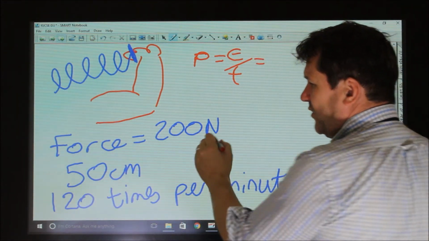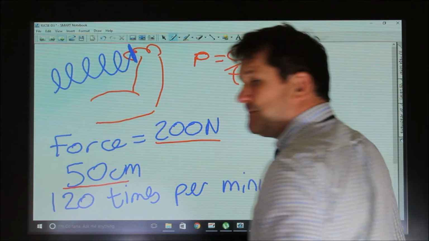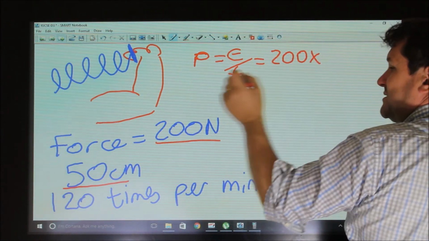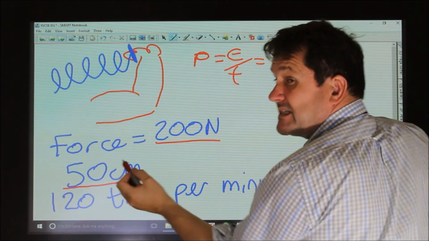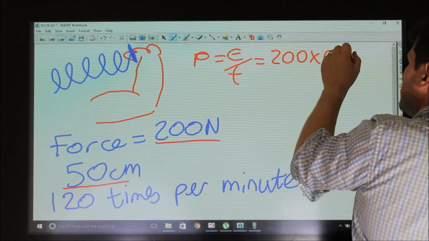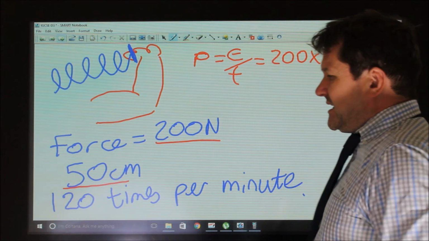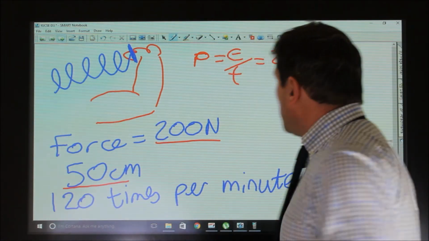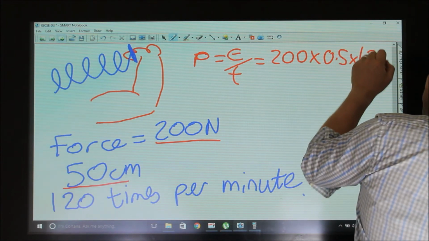We know it's force times distance, which would be 200 times 0.5, because it's in centimetres, times 120, because they're doing it 120 times.